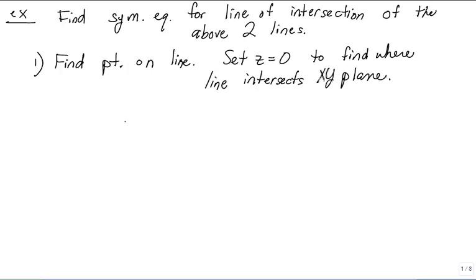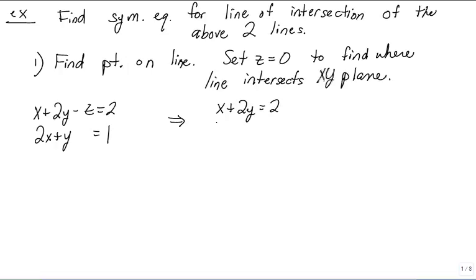So we had x plus 2y minus z equal 2 and 2x plus y equal 1. Those are our two planes, so here we have x plus 2y equal 2 and 2x plus y equal 1. Multiply that equation by negative 2 and add them.